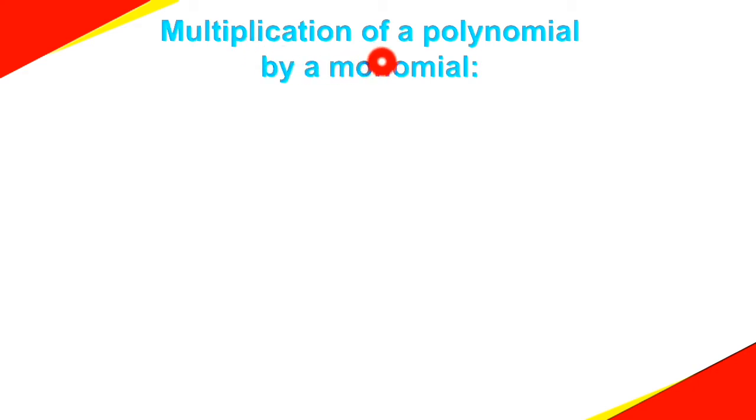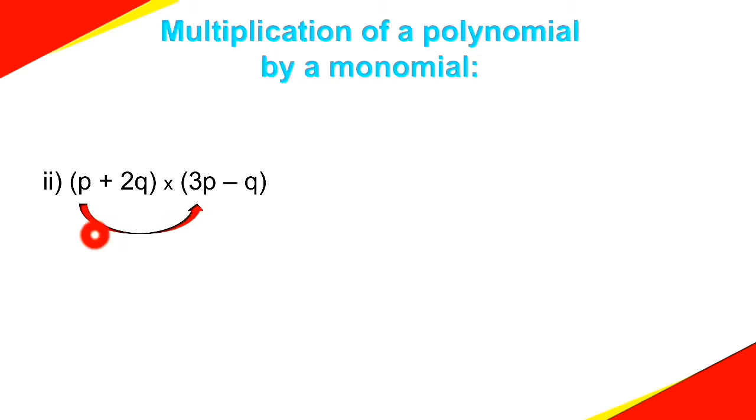Multiplication of a polynomial by a polynomial. The second option we are going to do: p plus 2q into 3p minus q. What is the first one? p into 3p.